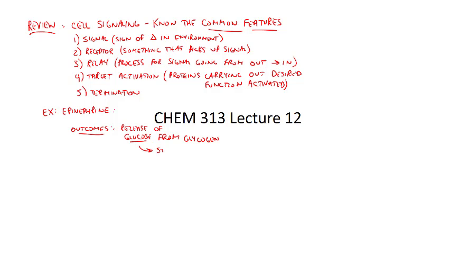Well, remember that epinephrine signaling occurs during acute stress. In acute stress, you need to be able to run or fight or something like that. So we need our muscles to do work. And your muscles doing work requires fuel. And glucose is an important fuel molecule. So that's why release of glucose from glycogen is an outcome of epinephrine signaling.